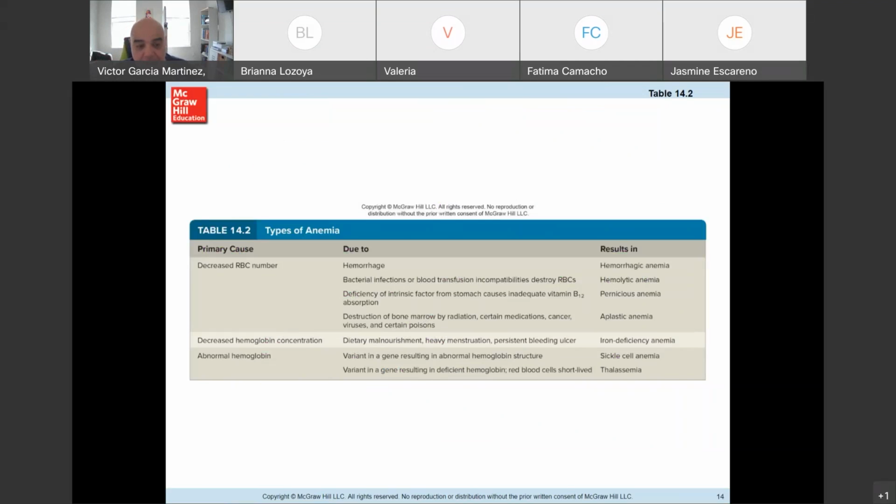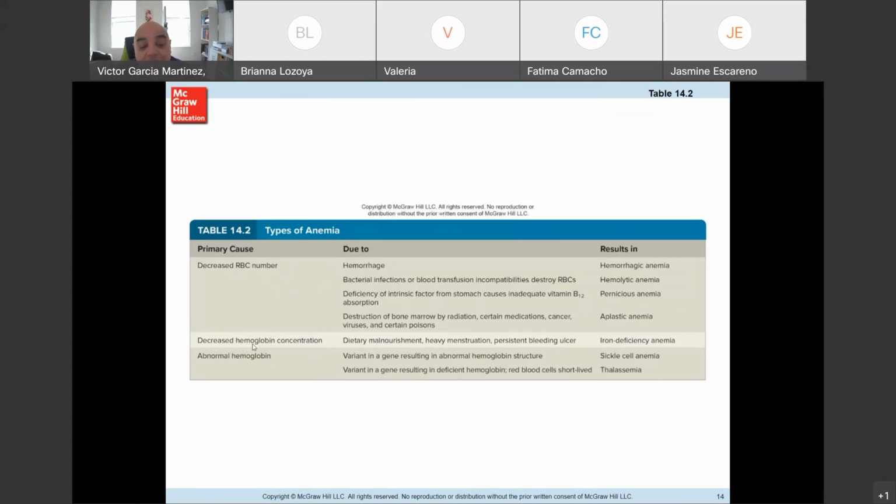That is anemia. Then you can have a decreased number of red blood cells, and then anemia, if you have a hemorrhage, if you have bacterial infections, or if you have deficiencies in the nutrients that you need to form the red blood cells.